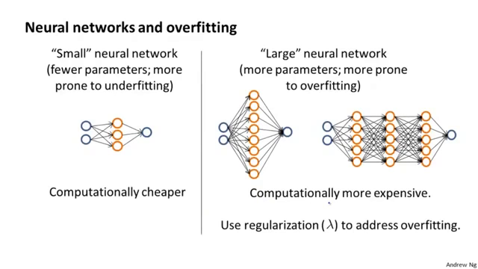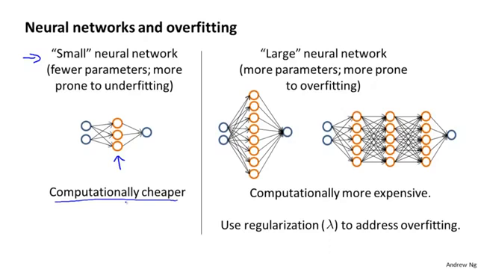So if you're fitting a neural network, one option would be to fit a relatively small neural network with, say, maybe only one hidden layer and maybe only a relatively few number of hidden units. A network like this might have relatively few parameters and be more prone to underfitting. The main advantage of these small neural networks is that they're computationally cheaper.